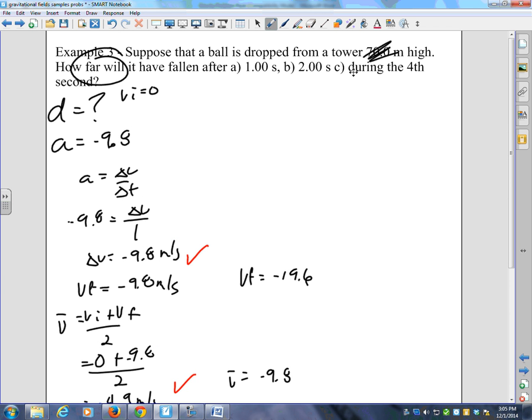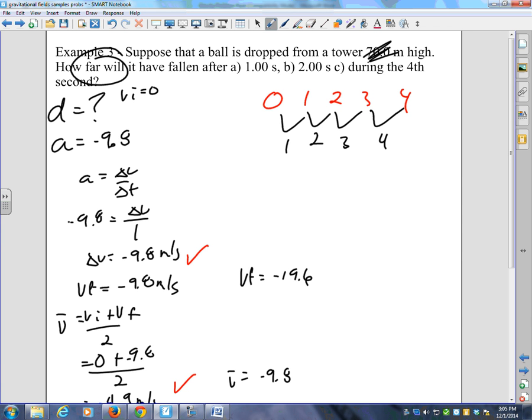How far does it go during the 4th second? What is the 4th second? 0, 1, 2, 3, 4. There's the first one. There's the second. There's the 3rd second. The 4th second is between 3 and 4. So you need to do 3 and 4 and then do what?